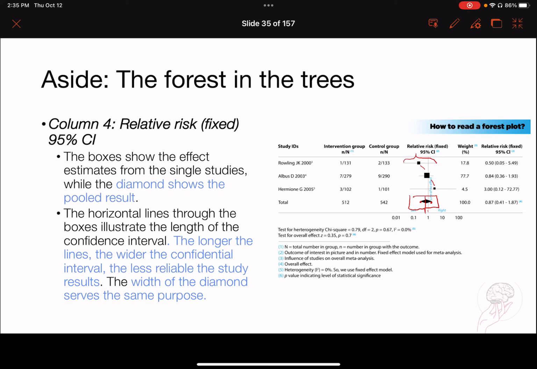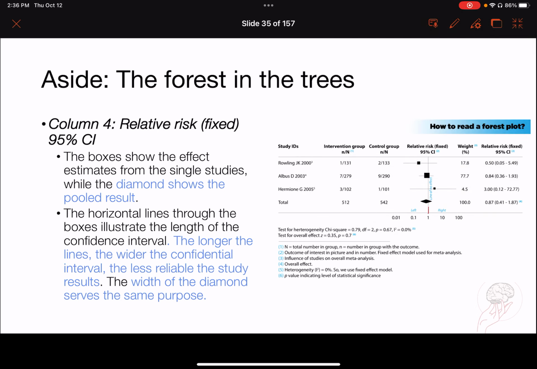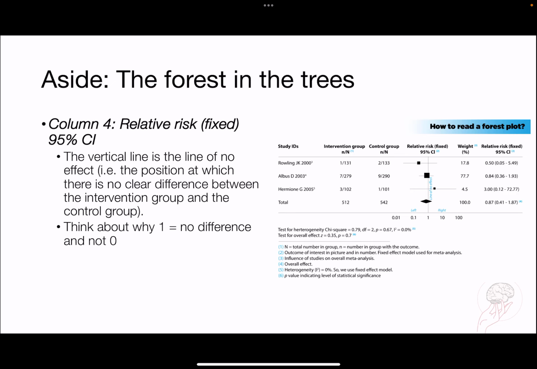And we see here that our diamond crosses this middle line, meaning whatever our intervention or control was, there's no difference. So again, this just talks about why, if it's 1, there's no difference.